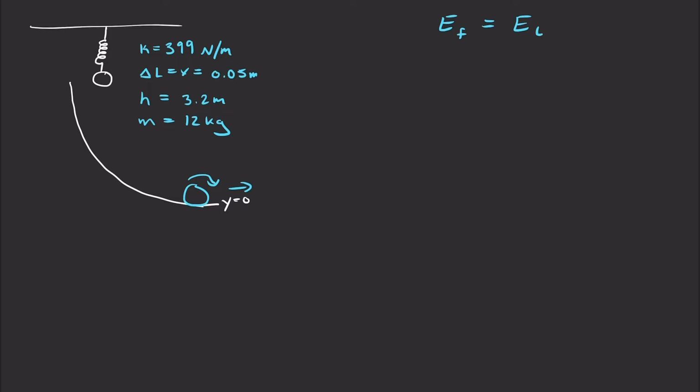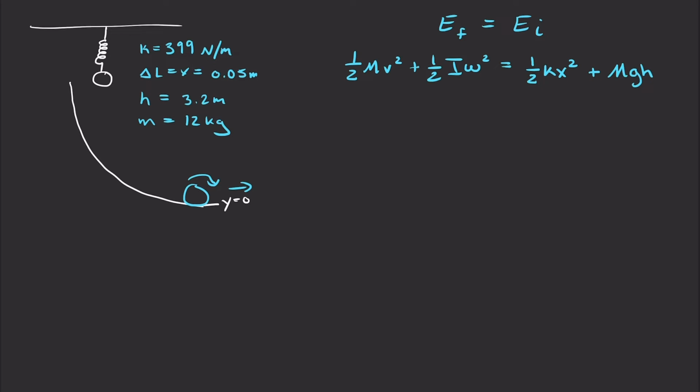The only difference is now I'm rolling without slipping, so I'm translating and rotating at the end. So you have 1/2 mv squared for the translational kinetic energy, and then 1/2 I omega squared for the rotational kinetic energy. And then initially we have the exact same potential energies as in the previous part. So 1/2 kx squared from the spring and mgh from gravity.